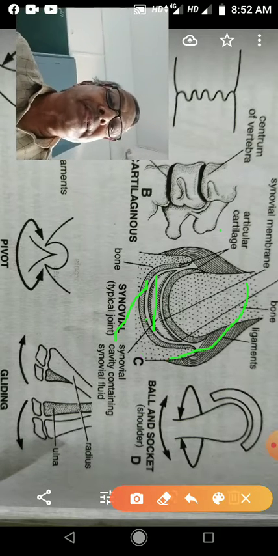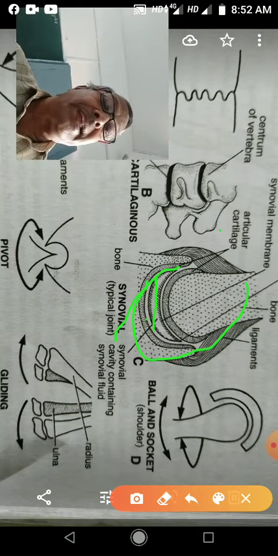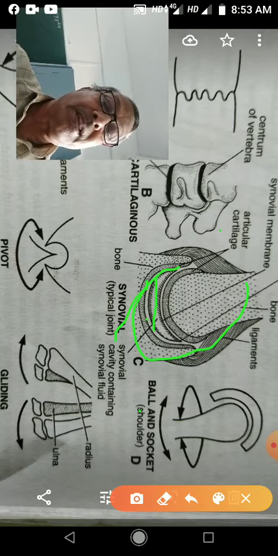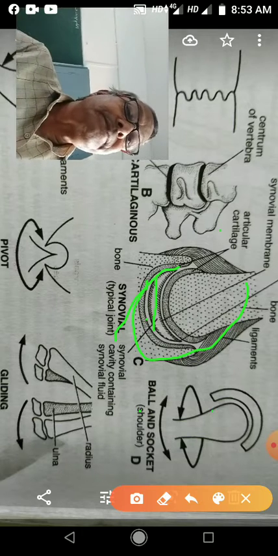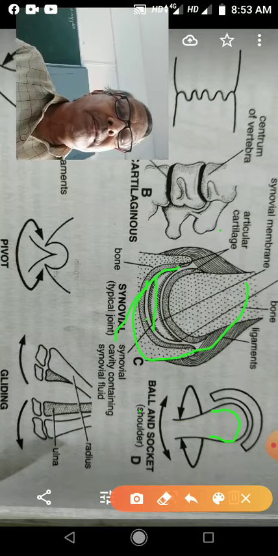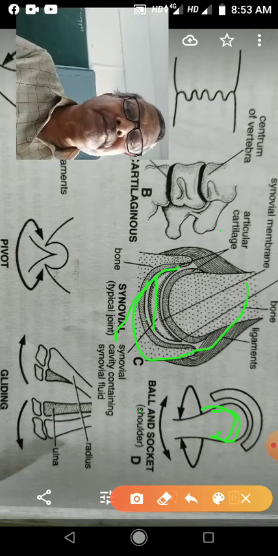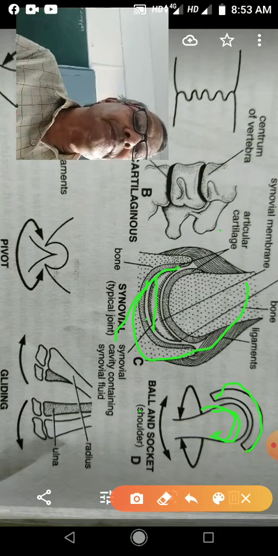This mobile joint is divided into many types. There are different types of mobile joint. First is the ball and socket joint. There is a spheroid ball present in one bone, and a cup-shaped depression is present in another bone.